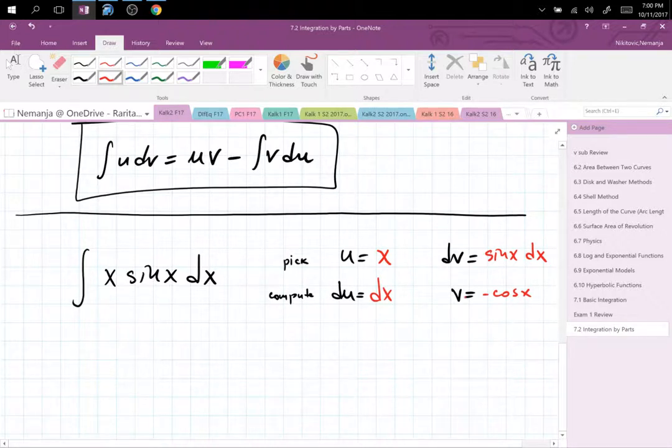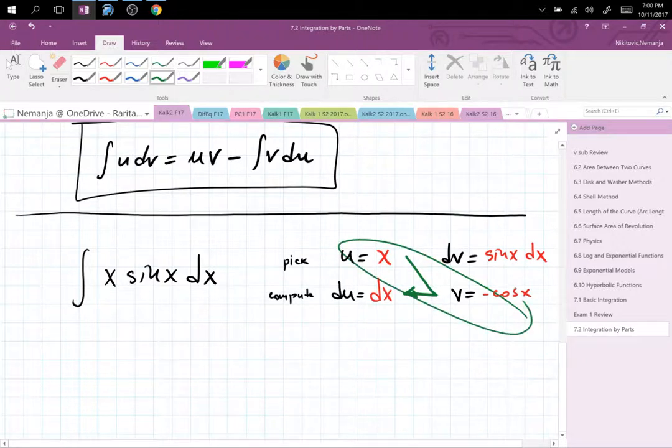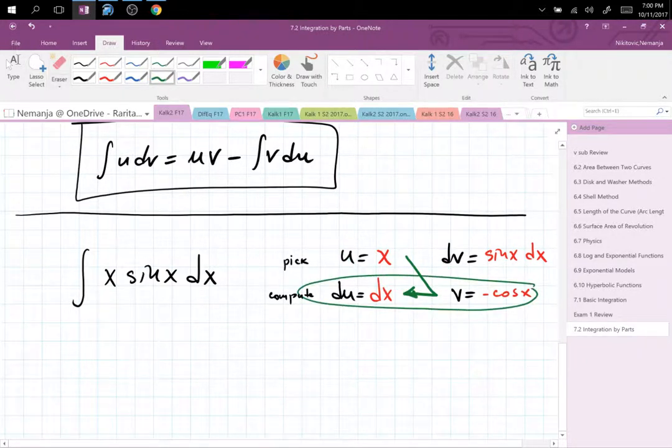And now here's the $1 million trick. This arrow gives you the formula. You see that? u times v minus this. So if you write it in this fashion, you just put the arrow, it immediately gives you the formula.